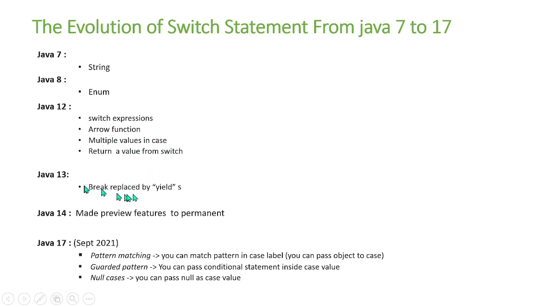And in Java 13 they introduced yield. These Java 12 and 13 were temporary releases. In 14 they made it permanent, and in Java 17, released on 21 September, they introduced pattern matching, guarded pattern and null case. Pattern matching we saw, right? We can pass an object in a switch, even in the label also.